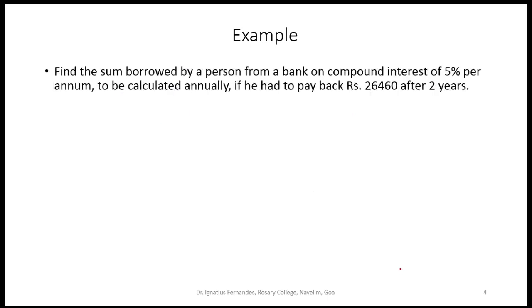Let us consider this example. Find the sum borrowed by a person from a bank on compound interest of 5% per annum to be calculated annually if he had to pay back rupees 26,460 after 2 years.